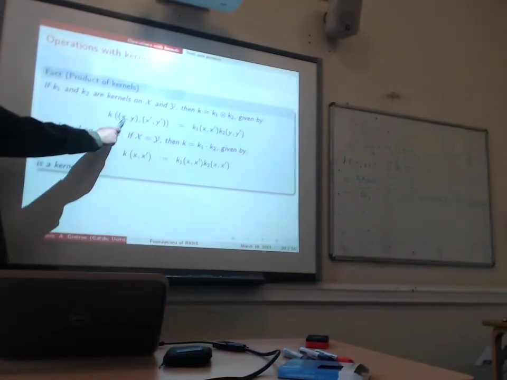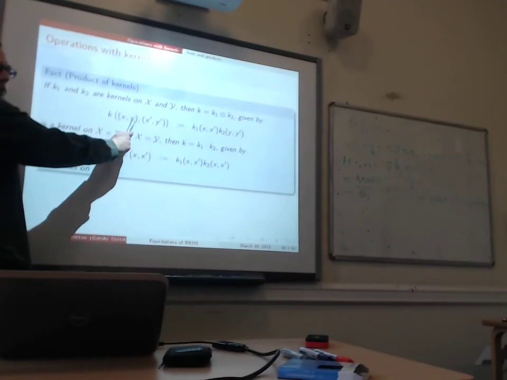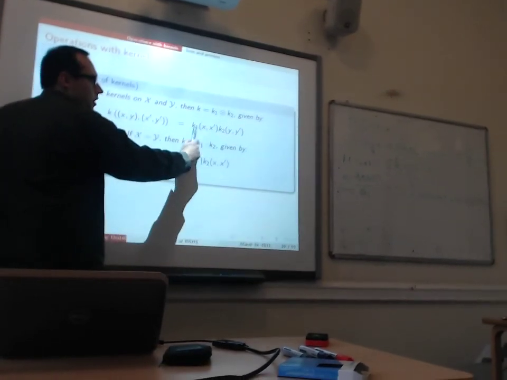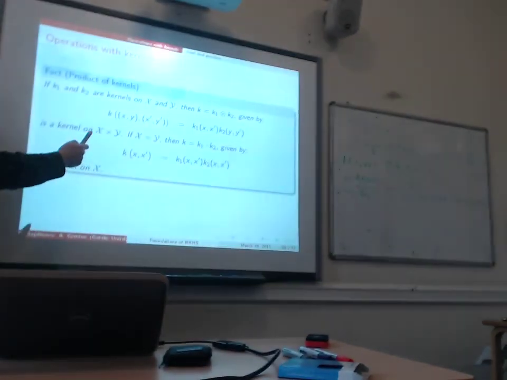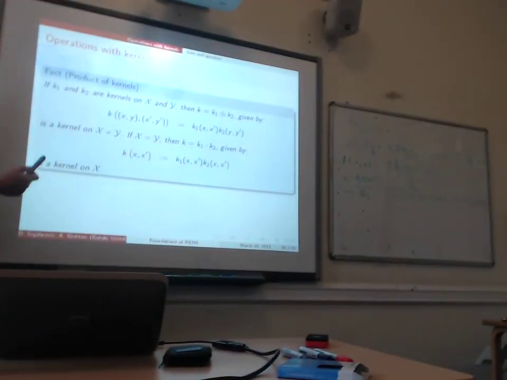Say x is an image and y is a label. You have a smart way to construct a kernel on images and a smart way to construct a kernel on labels. Why do you need a kernel on image-label pairs? You just multiply them together. Obviously, those are not the only kernels you can consider on the product space, but they are sufficient for many applications.